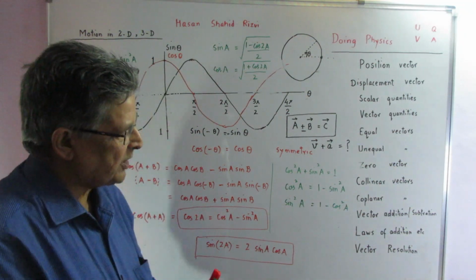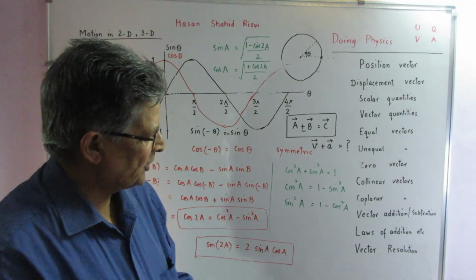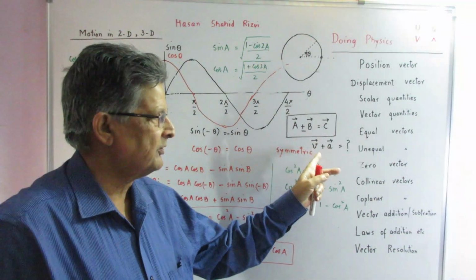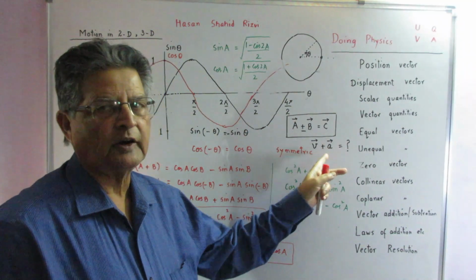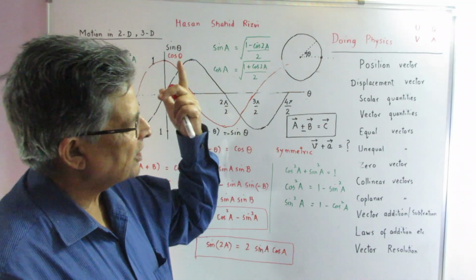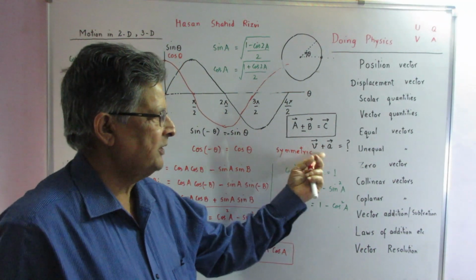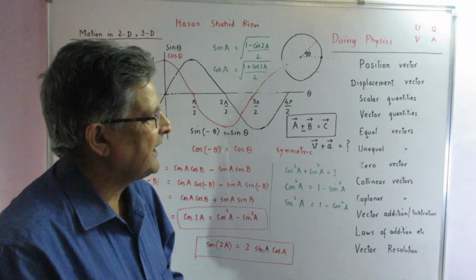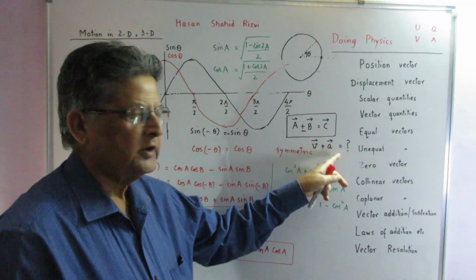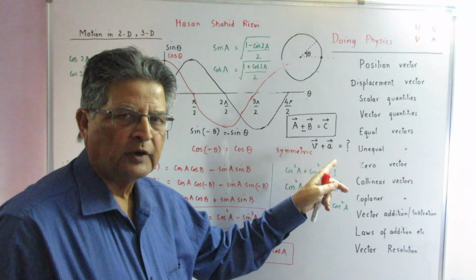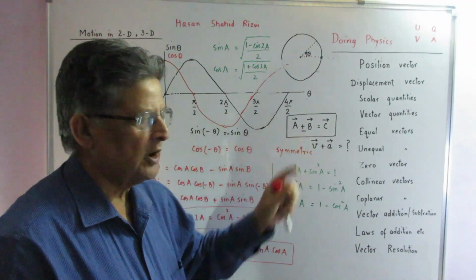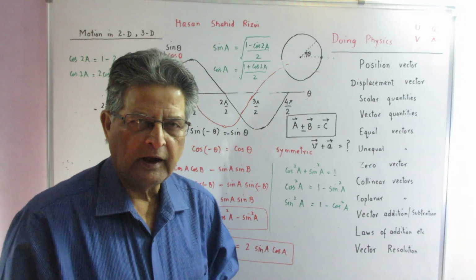It does not, because the vector over here is a velocity vector and the vector over here is an acceleration vector. We cannot add them together. We cannot put them together even if they are in one plane simply because they belong to different species. So these vectors should belong to the same family.